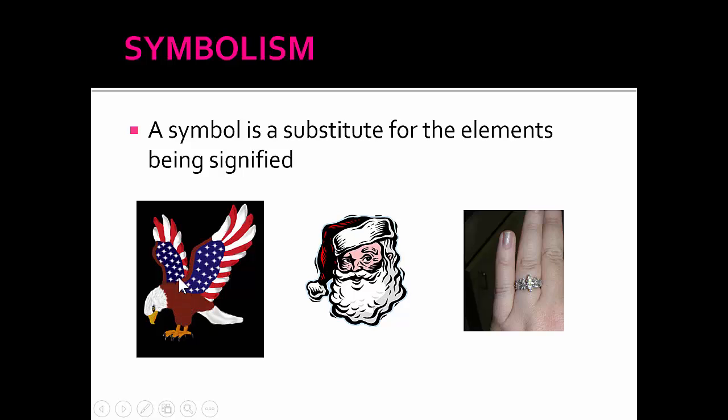So it does have symbolic value to it. It's not just an eagle with random colors on it. It has symbolic meaning that goes beyond what it is, which is a bird with color on its wings. The symbolic meaning would be representative of freedom and America and patriotism.